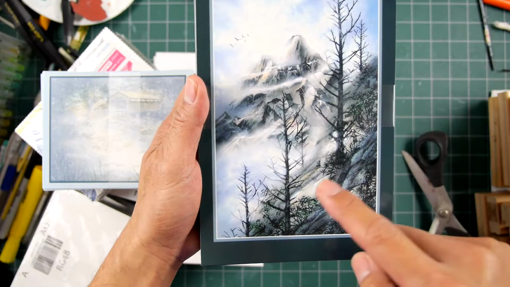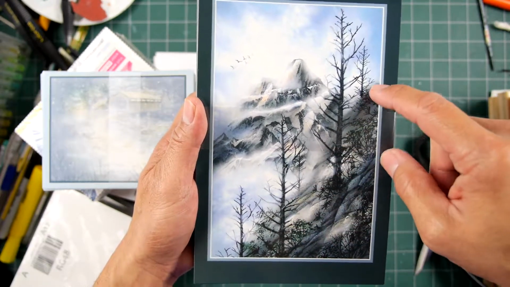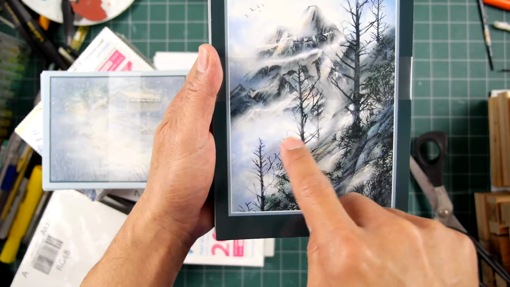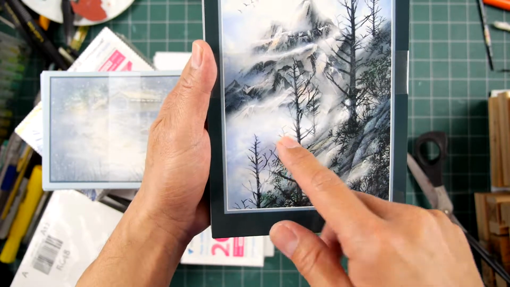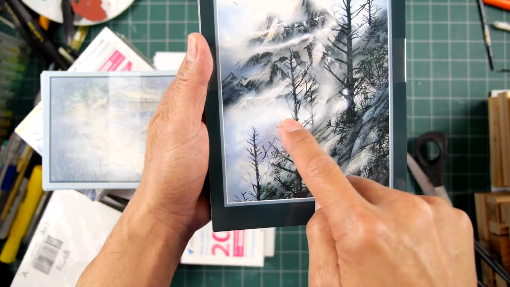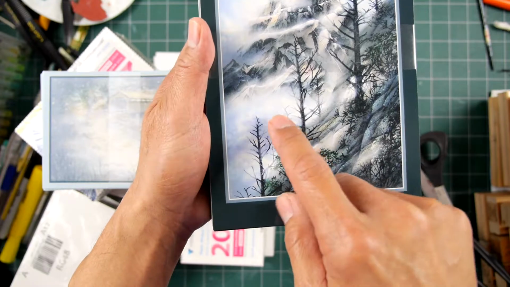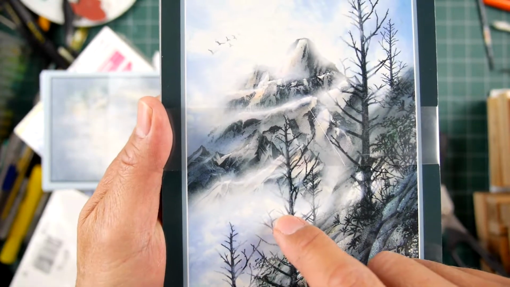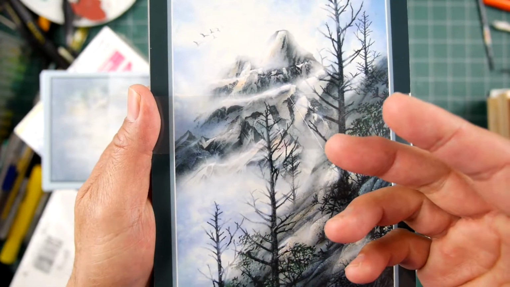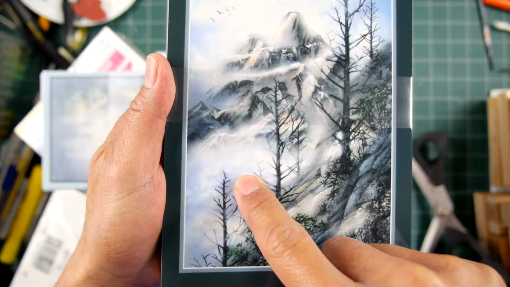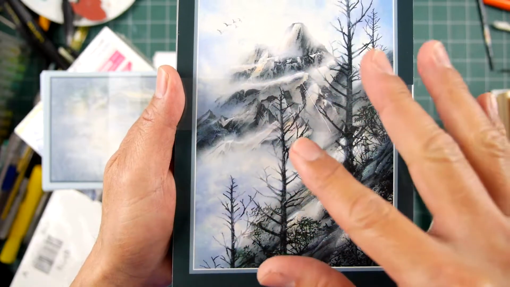Okay, so in this one right here we have foreground, which is this ledge here with these trees, and then there's this background, which would be the next depth of imagery. It's clouds down here, like saying the clouds are at the base of the mountain, so that would be the next layer of depth.